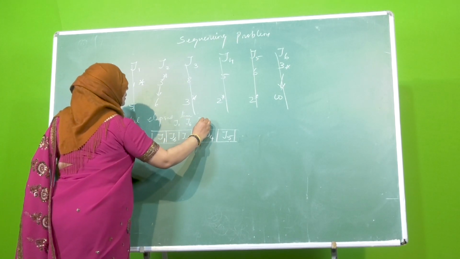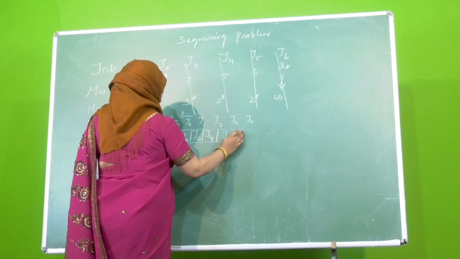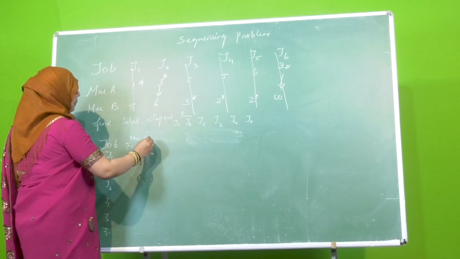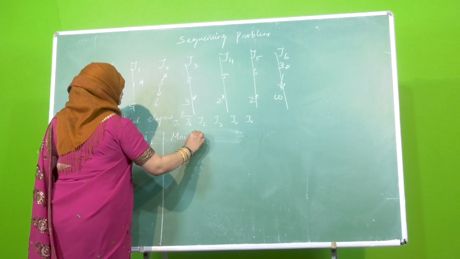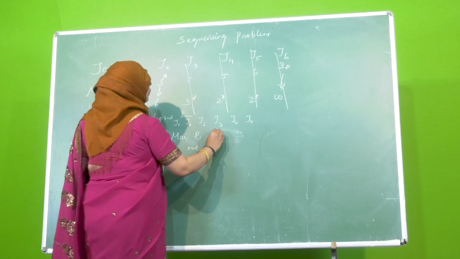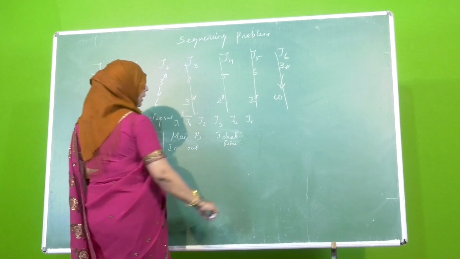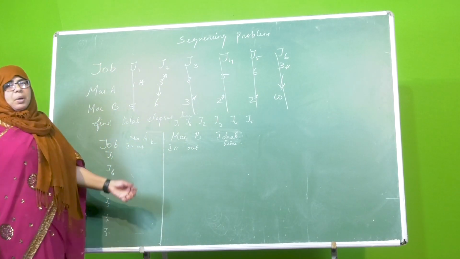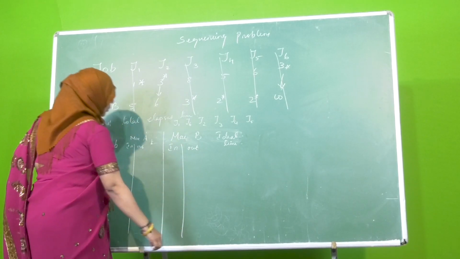J1, J6, J2, J3, J4 and J5. This is the order. Machine A in and out, machine B in and out, and idle time. In machine A, in and out, in and out.